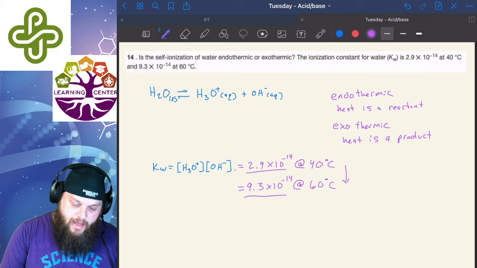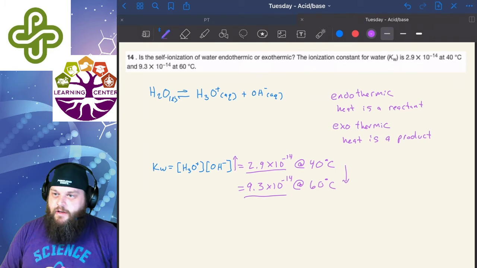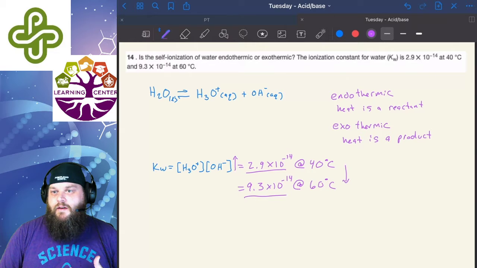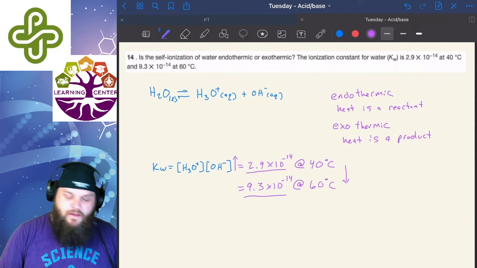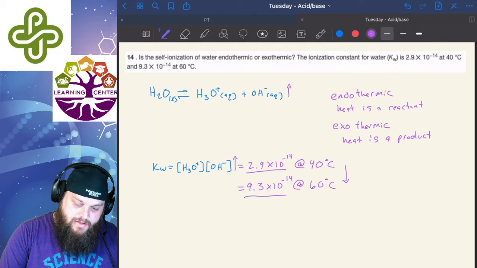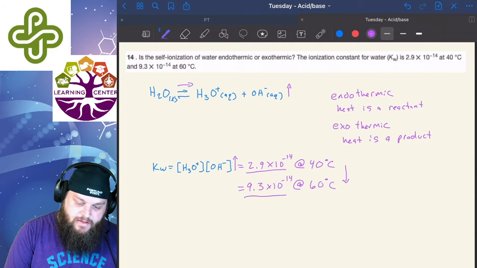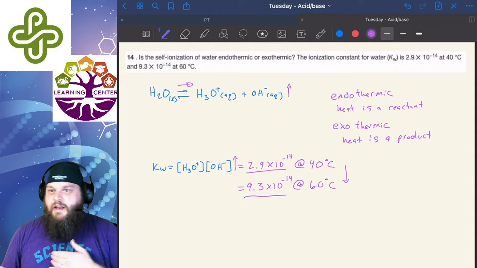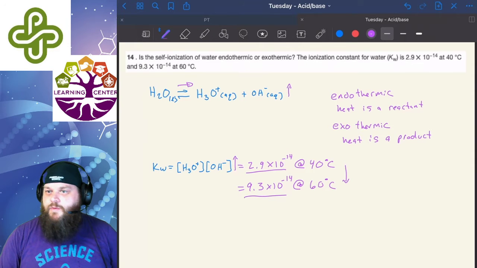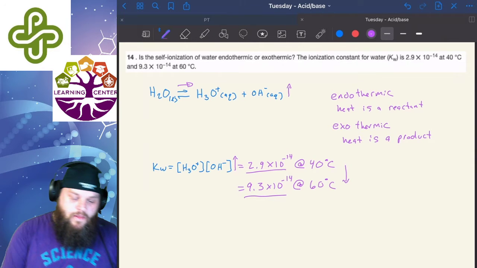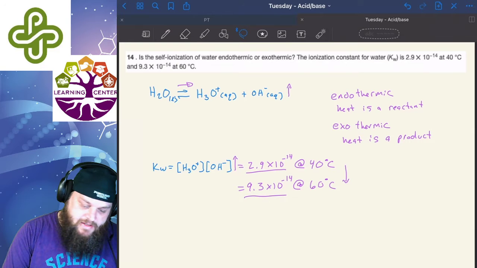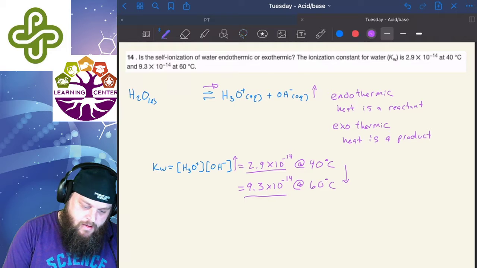The only way for that to happen is if the concentration of hydroxide or hydronium is increasing, probably both, right? So those concentrations are going up. If the concentrations are increasing on this side, something is driving this equilibrium to the right-hand side. It's shifting the equilibrium towards the right. And if that happens when you increase the heat, that means that heat must be a reactant.